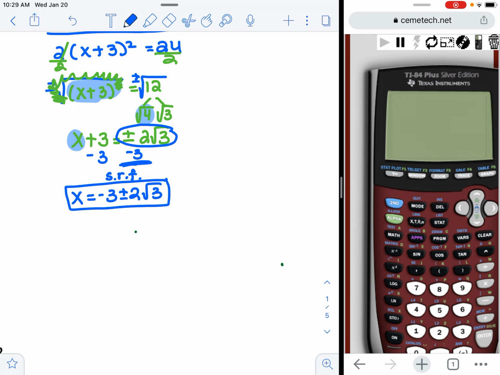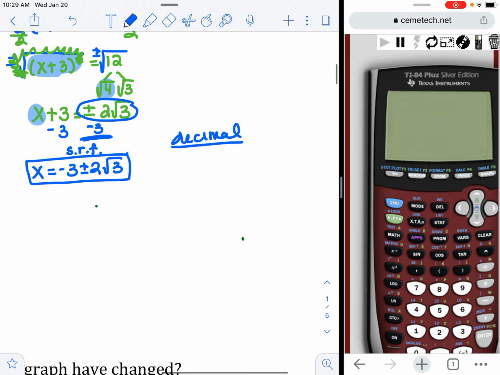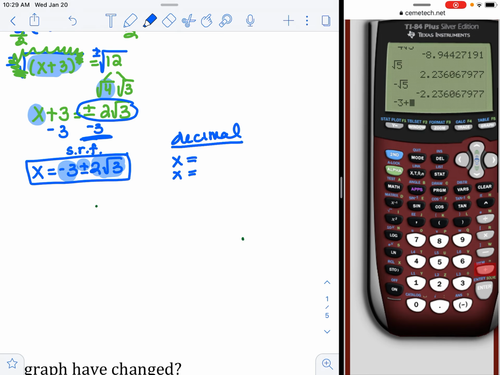Now I have to get my 2 decimal answers. All right, so I'm going to get ready by doing x equals, x equals. Okay, so the first one I get by doing negative 3 plus 2 root 3. So I'm going to go over my calculator. Negative 3 plus 2 root 3, and I get 0.46.